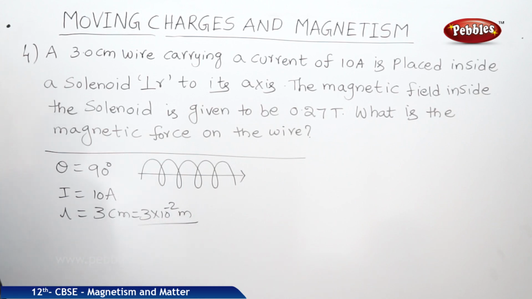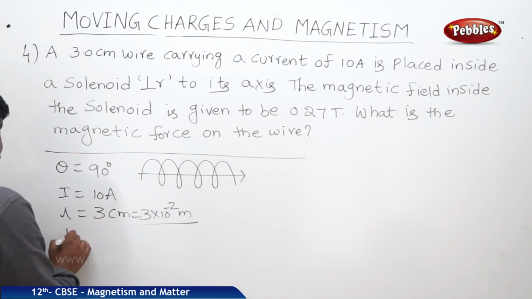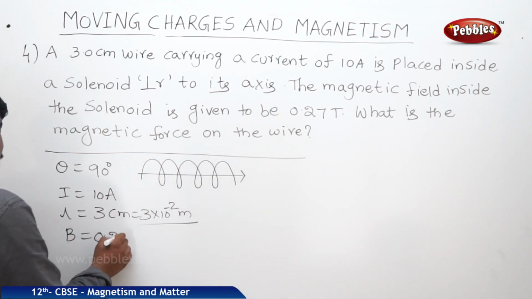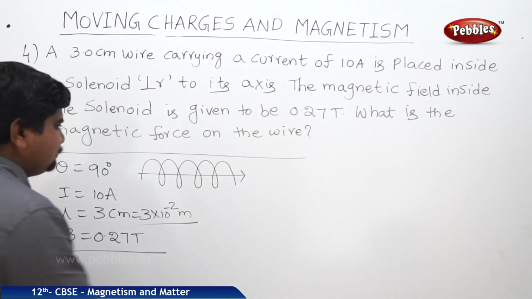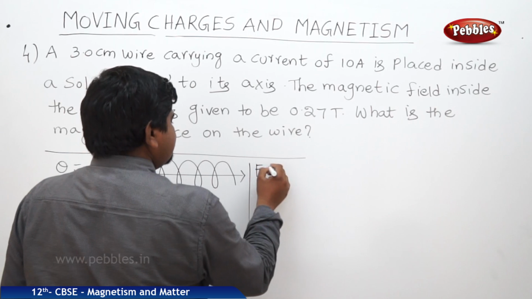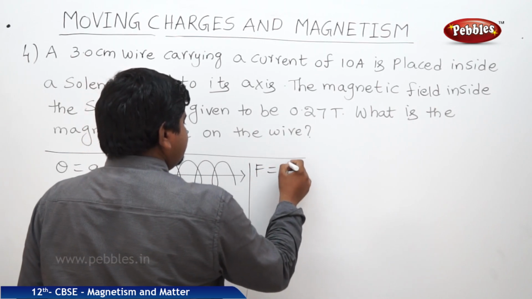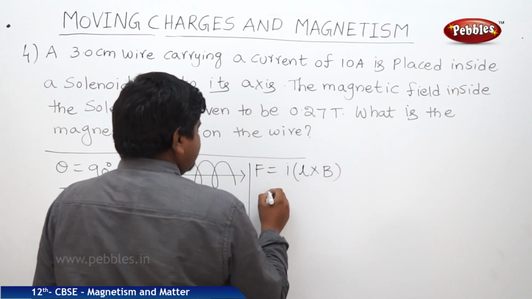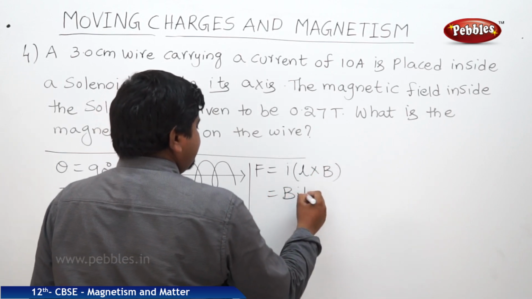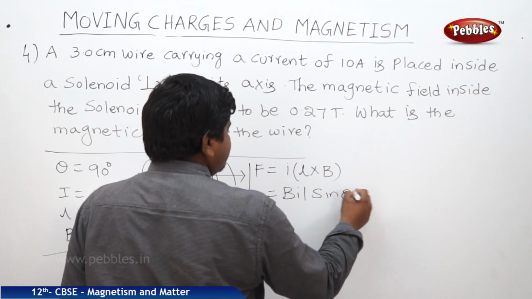Next, the magnetic field inside the solenoid is given to be 0.27 Tesla. We should find the force. Force is equal to I L cross B, so I can write B I L sin theta.